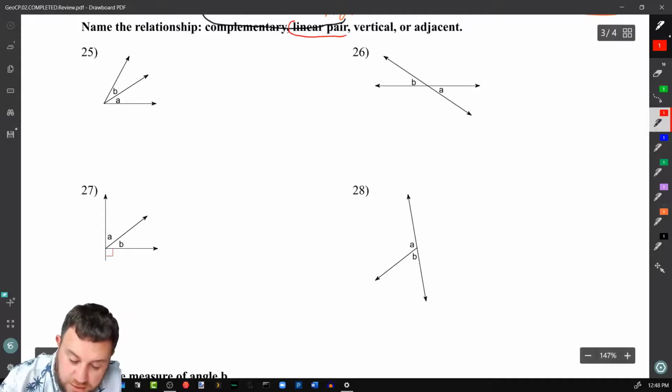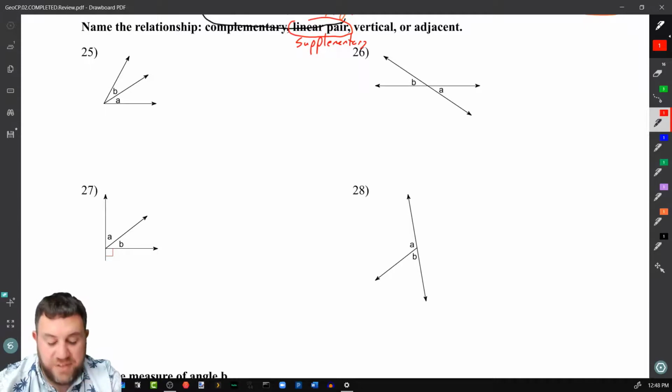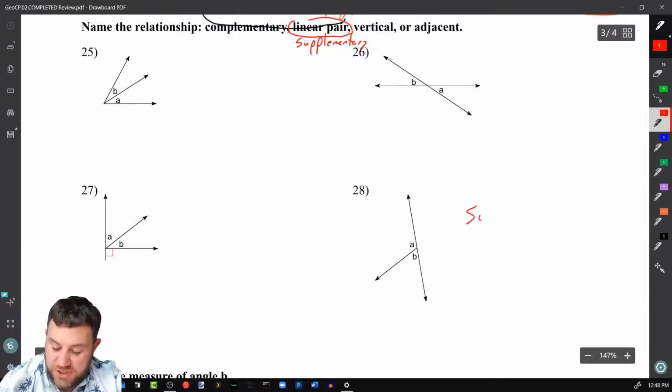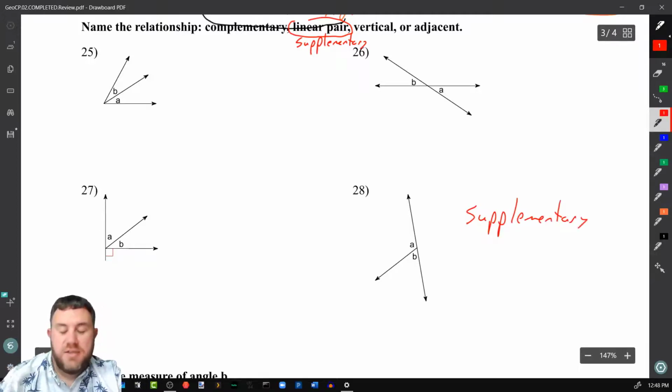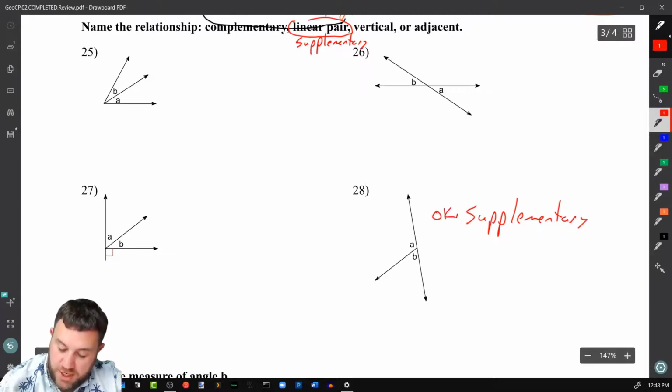Linear pair and supplementary, most of the time, a linear pair is always supplementary. So even though supplementary is not on the list, like for 28, if you wrote supplementary, I would give you credit for that. The more specific name, so this is okay, but the best answer would be linear pair.